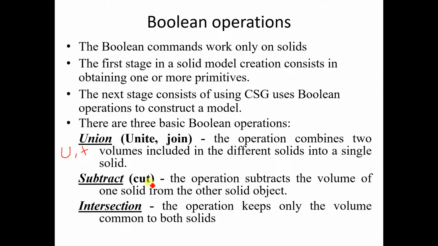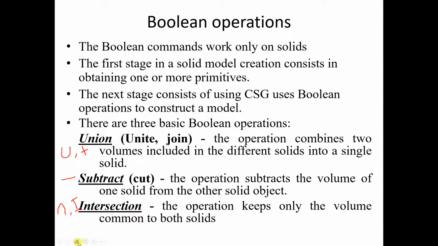Subtract means removing material or cutting an object. The operation subtracts the volume of one solid from the other, and is represented by a minus sign. For intersection, the operation keeps only the volume common to both solids. Intersection is represented by the letter I or an inverted U.